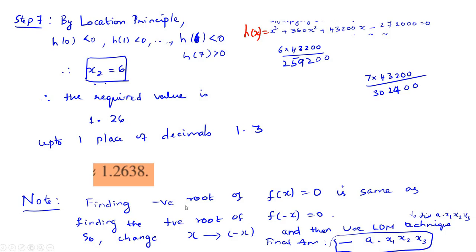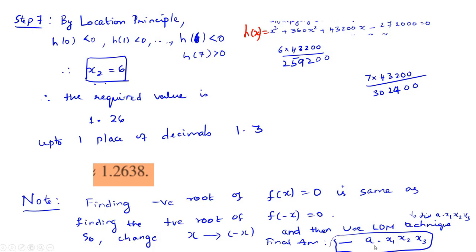Now finding the negative root of f of x equal to 0 is the same as finding the positive root of f of minus x equal to 0. So change x as minus x and then use the LDM technique so that you will have the root to be a point x1 x2 x3, and the negative of that only we are asked to find.